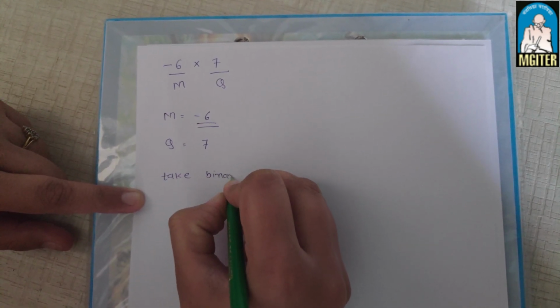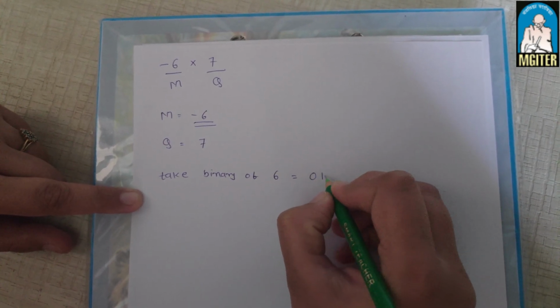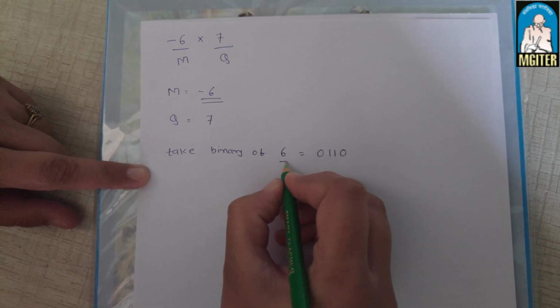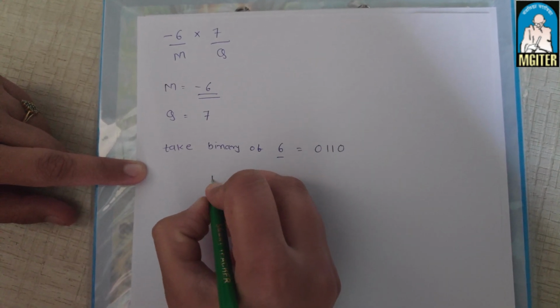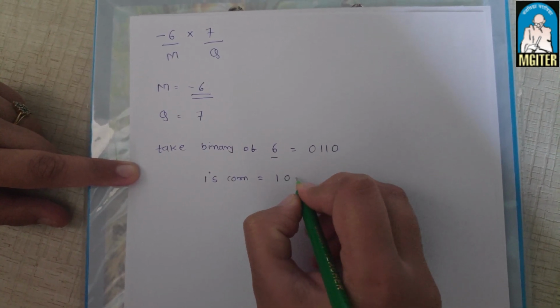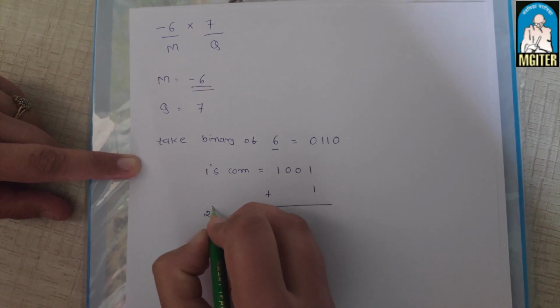the binary of positive 6, which is 0 1 1 0. After that we have to take the 2's complement of 6, which is our minus 6. So the 1's complement is 1 0 0 1, plus 1, which gives the 2's complement.